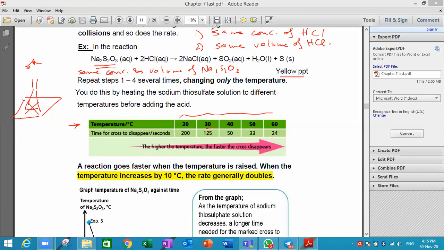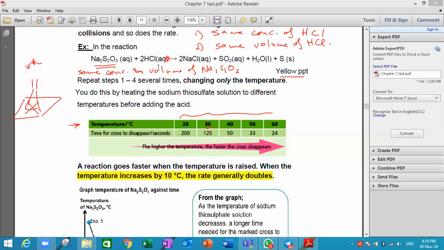So now when the temperature of the HCl reaches 30, we are going to take it away from the heater, and then we are going to place sodium thiosulfate and measure the time needed for the cross to disappear. So for example, if in the first experiment, when we were using room temperature, the time needed for the cross to disappear was 200 seconds, and at 30 degrees Celsius, we found it to be 125 seconds.